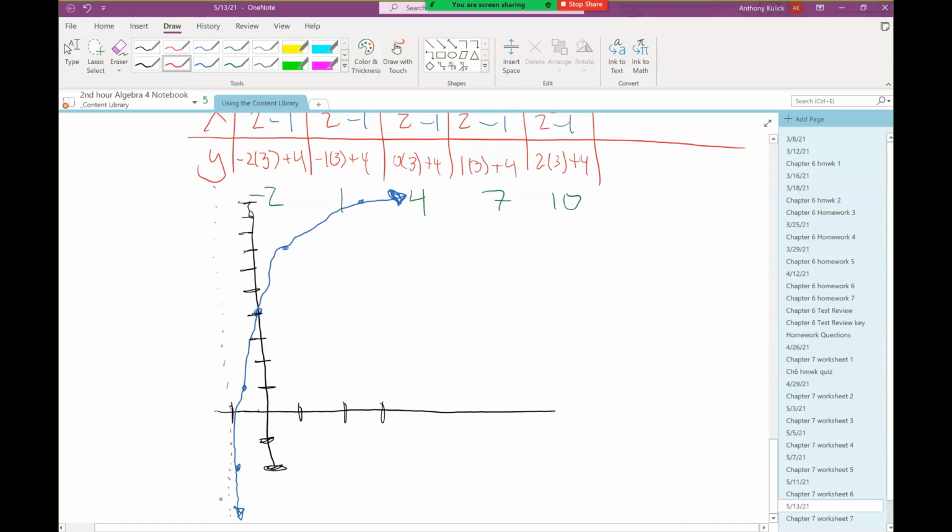The asymptote should be bounding it, and it needs to have arrows at both ends. And then the last thing we do is write our domain and range. The domain is h, which was negative 1, to positive infinity. And the range is negative infinity to positive infinity.